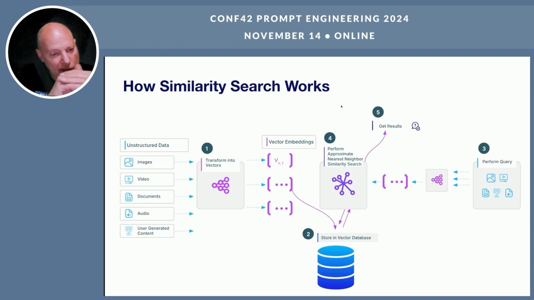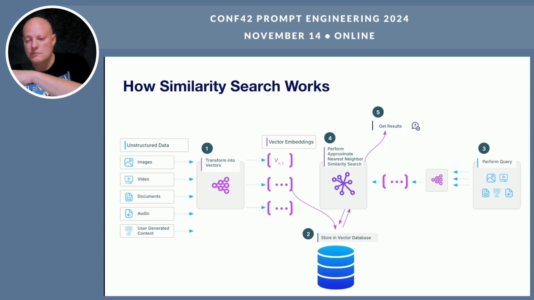Now, once we've gotten this data stored, we want to be able to search and make these things readily available to whoever needs them. And so we take them, transform them into vectors, we get our embeddings, they're stored, and now someone's going to do a query.